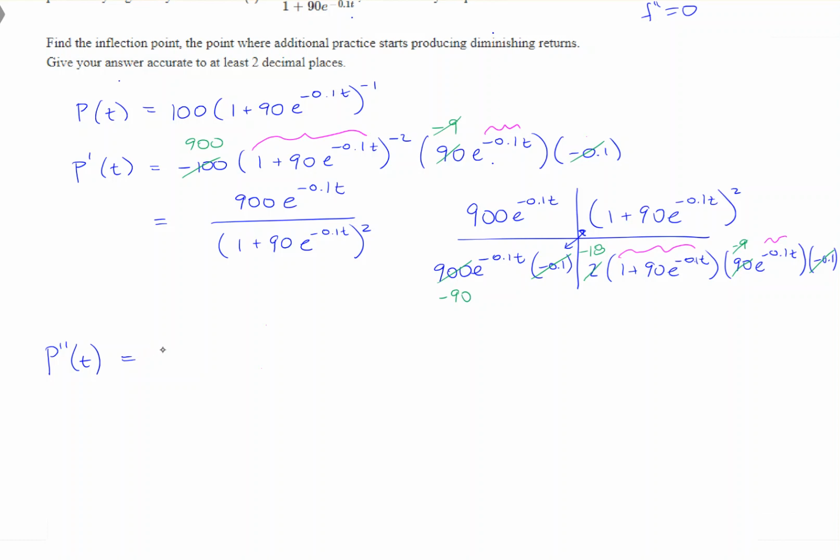I have negative 90 e to the negative 0.1 t times 1 plus 90 e to the negative 0.1 t quantity squared. And then it's minus, for the quotient rule, coefficients, I'm multiplying negative 18 times 900. I've already done that off to the side, and that's negative 16,200.